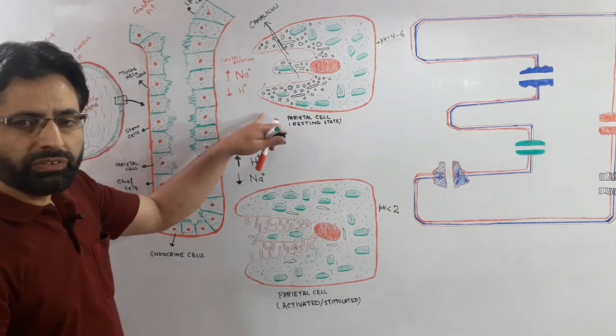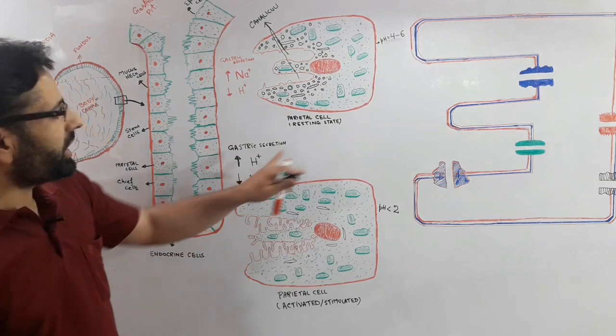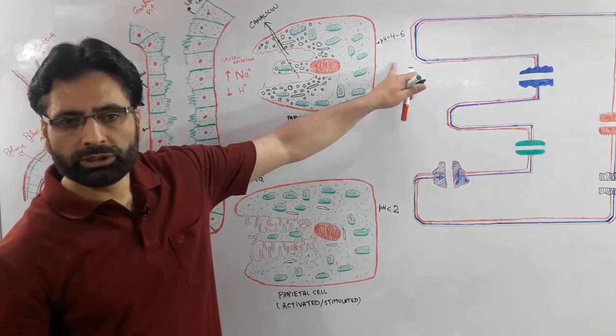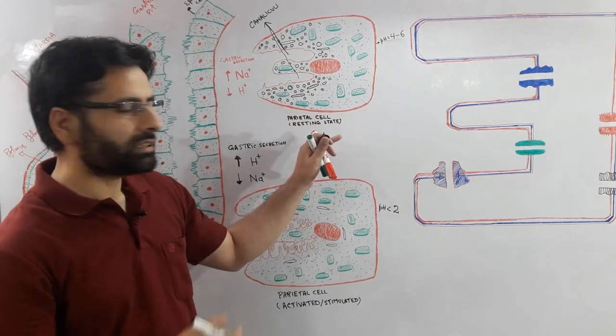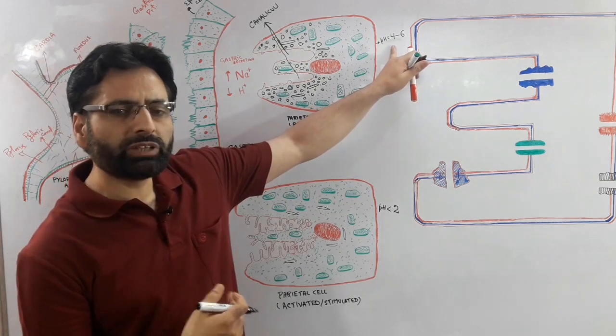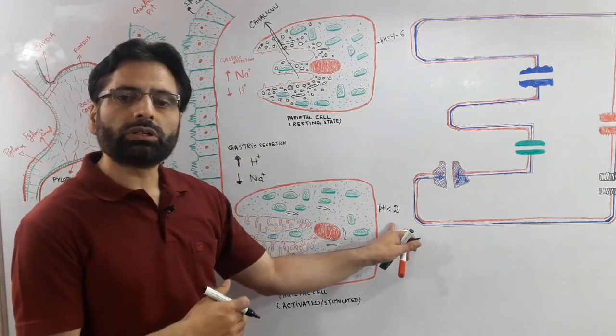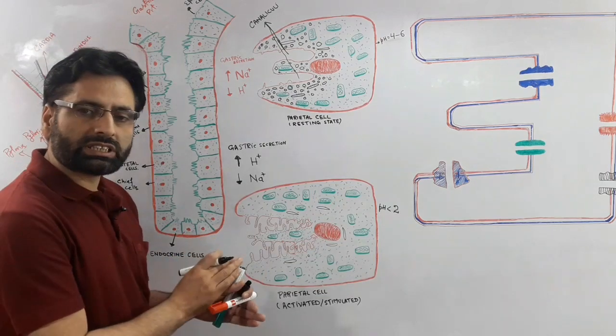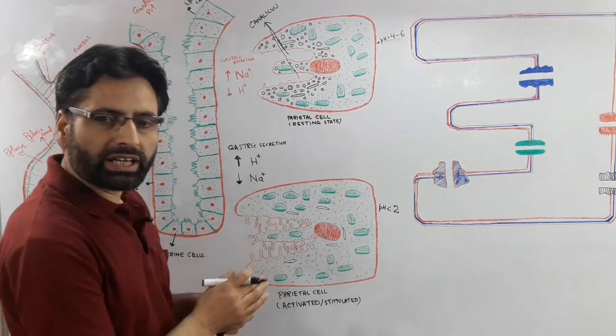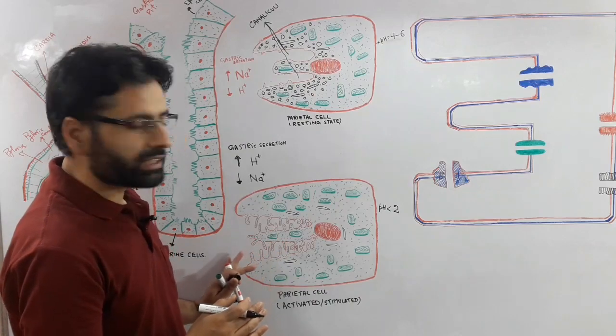Depending upon the activity of this parietal cell, we have different pH in the lumen. When the parietal cell is in the resting state, the pH is between 4 and 6, and when it is highly active, the pH falls below 2. Now let us try to understand how hydrochloric acid is secreted by this parietal cell.